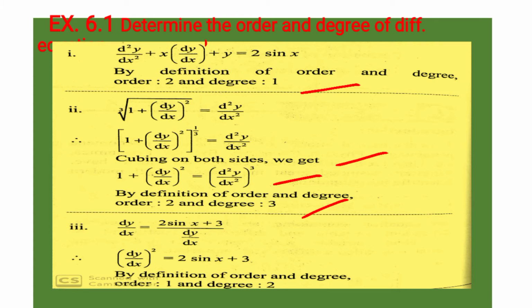Then third is dy upon dx is equal to 2 sin x plus 3 upon dy upon dx. Therefore dy upon dx the whole square is equal to 2 sin x plus 3. By definition of order and degree, order is what? Dy upon dx, power of d is 1, so order is 1. Then dy upon dx the whole power is 2, so degree is 2.